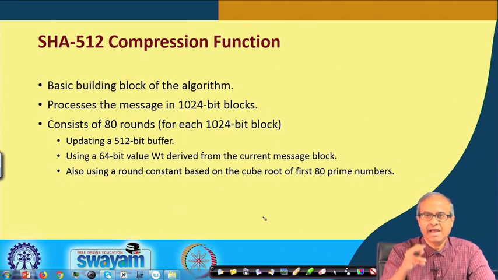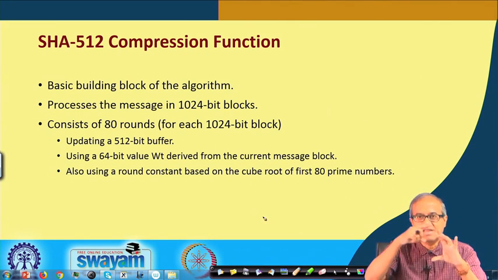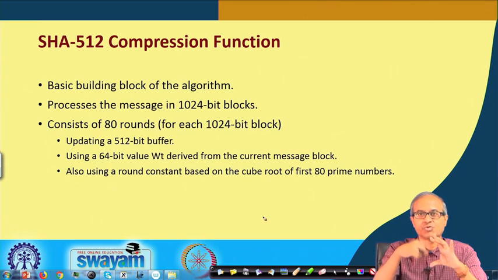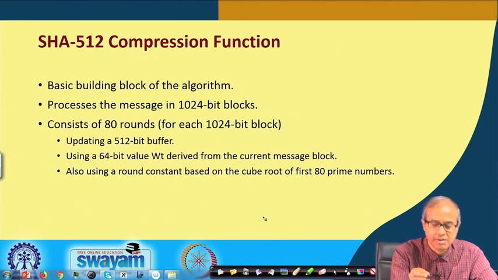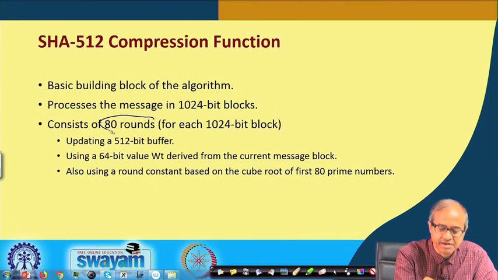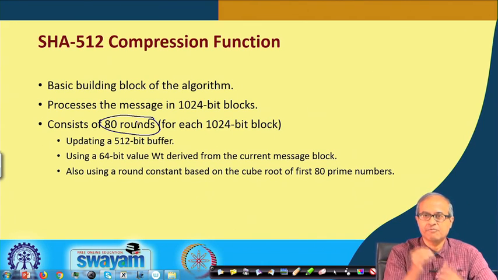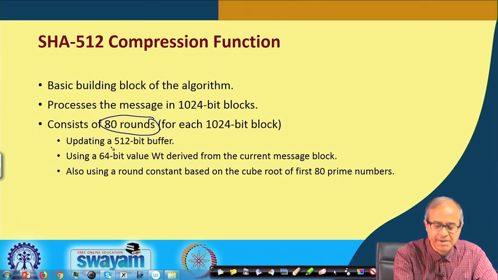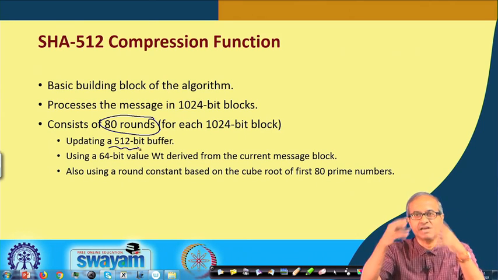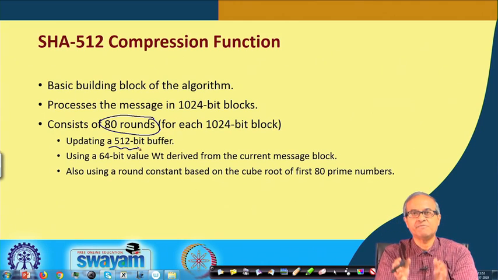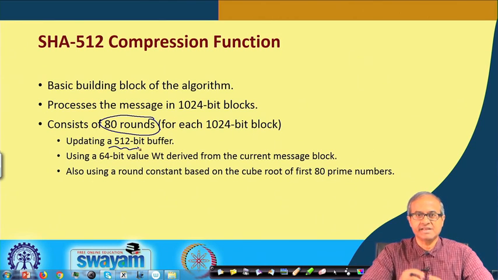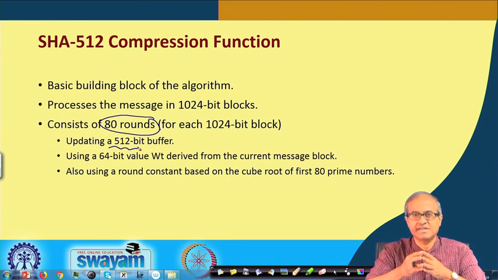Inside that f there are 80 iterations going on, not 1, not 2, but 80 iterations or 80 rounds for each 1024 bit block, and inside they maintain a 512 bit buffer which is updated at every step of these 80 iterations. I am not going into the details of these 80 iterations; the details are available in any standard textbook, or if you search on the internet you will also find them.